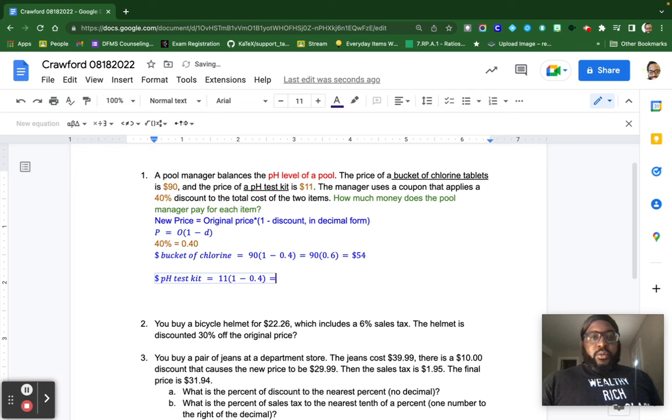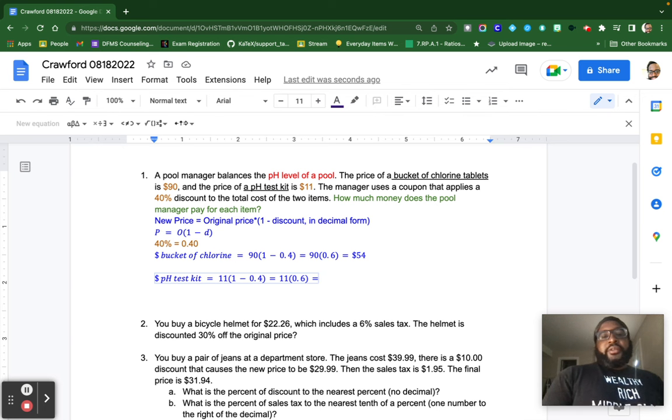I'm going to do the same thing with this one. I have 11, and again, 1 minus 0.4 is similar to 10 minus 4. Since I know 10 minus 4 is 6, I know that 1 minus 0.4 has to be 0.6. Now, with this one, this gets a little bit more interesting.